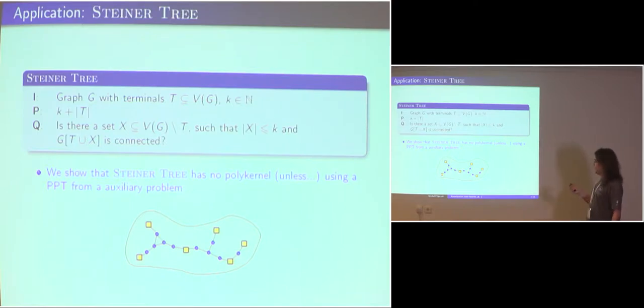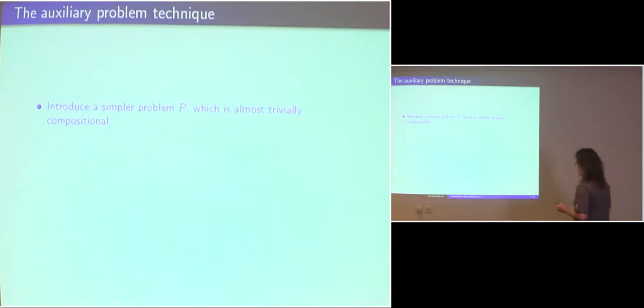Good. So the idea is to define an auxiliary problem, and then give a polynomial parameter transformation from this auxiliary problem to my problem of interest, being the Steiner tree problem. So this is the general methodology, sort of.